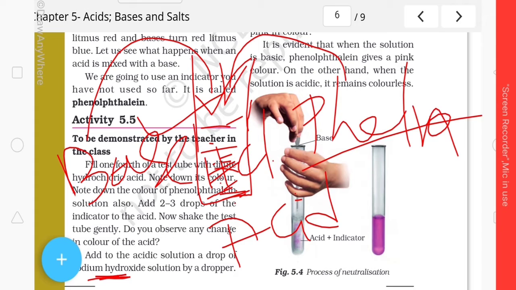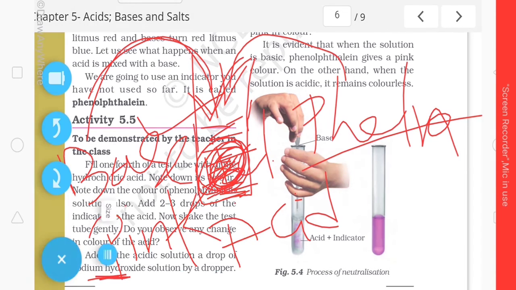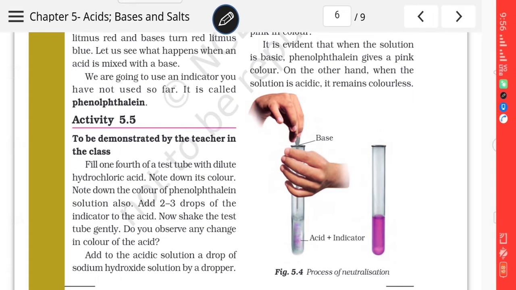We will continuously add the base until we see a change in the solution in the test tube. When we add the base, we will find that this HCl solution will turn pink. See, when we are adding the base, we get a pink color.